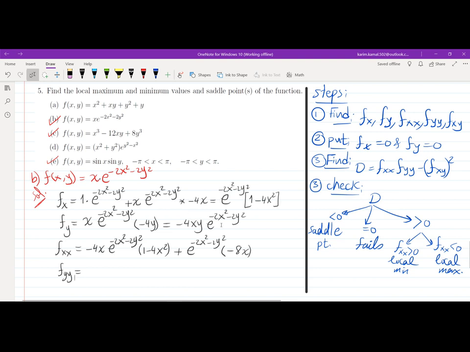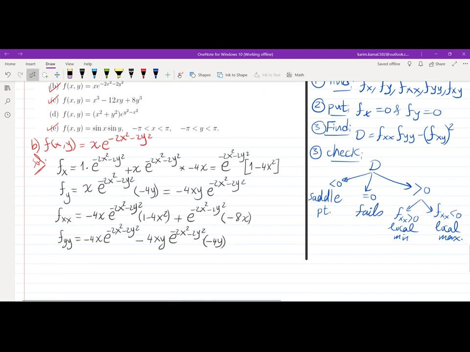Then the derivative of the first will be negative 4x, and the second term remains constant, e power negative 2x squared minus 2y squared, minus the first term remains constant, 4xy with negative sign, times the derivative of the second, which will be e power negative 2x squared minus 2y squared times the derivative of the power with respect to y, take care of this, which will be negative 4y. And then at the end we have to get fxy.